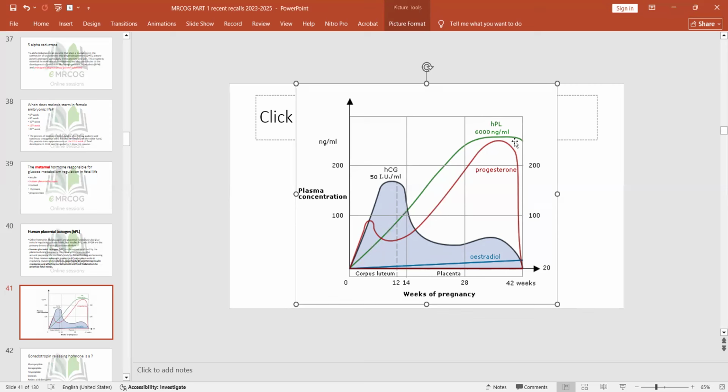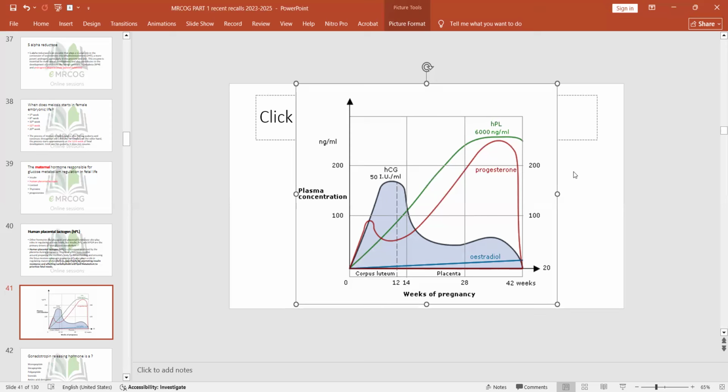It's going to plateau because it's responsible for lactogenesis, right? And it's going to drop down because after delivery, the placenta is no more. So after delivery, we can see a drop in HPL when the prolactin is going to take over.